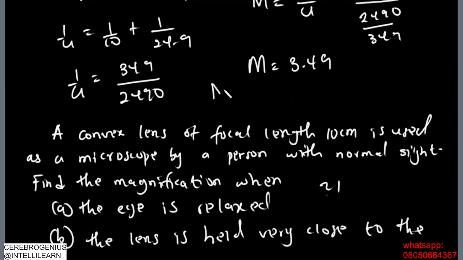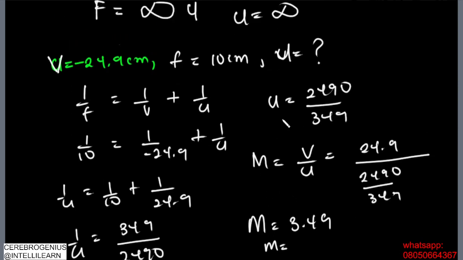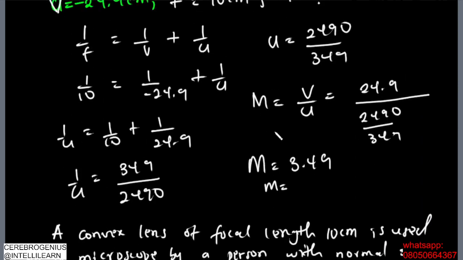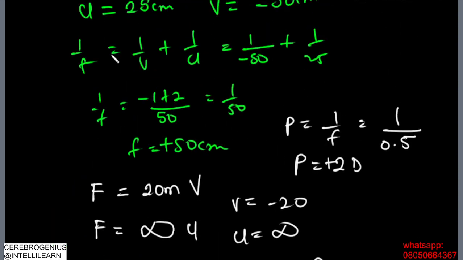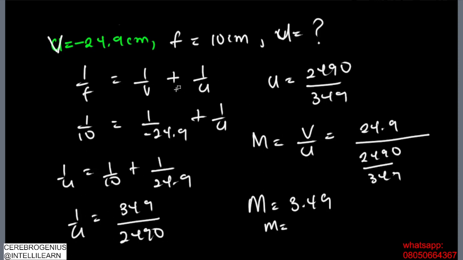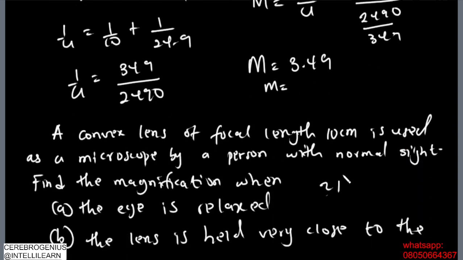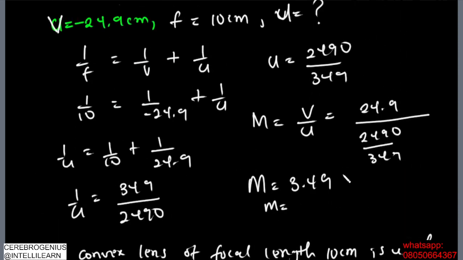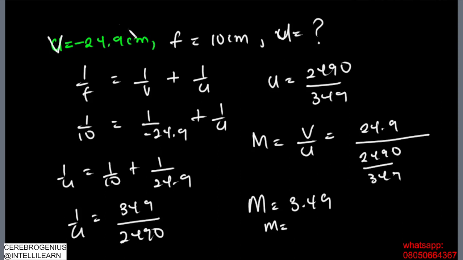we could have done this using the normal formula that we derived. Now look at this. When we did this, we got 3.49, right? So that is when the object is at minus 24.9 centimeter from the lens.